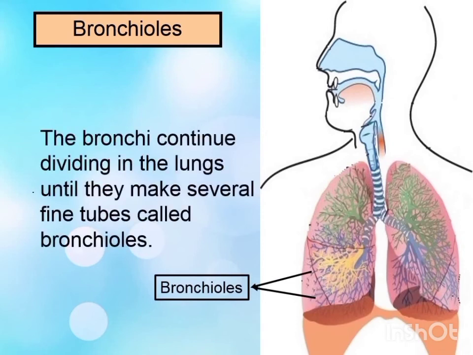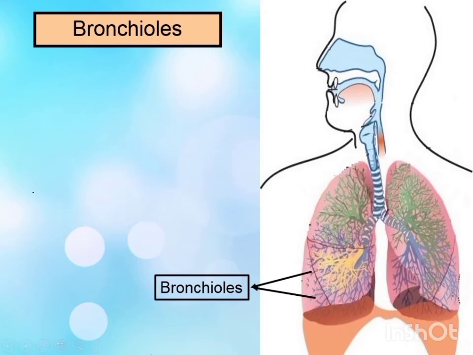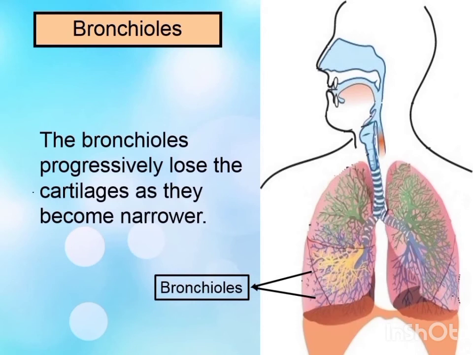Now here comes the bronchioles. The bronchi continue dividing in the lungs until they make several fine tubes which are called bronchioles. The bronchioles progressively lose the cartilages as they become narrower.